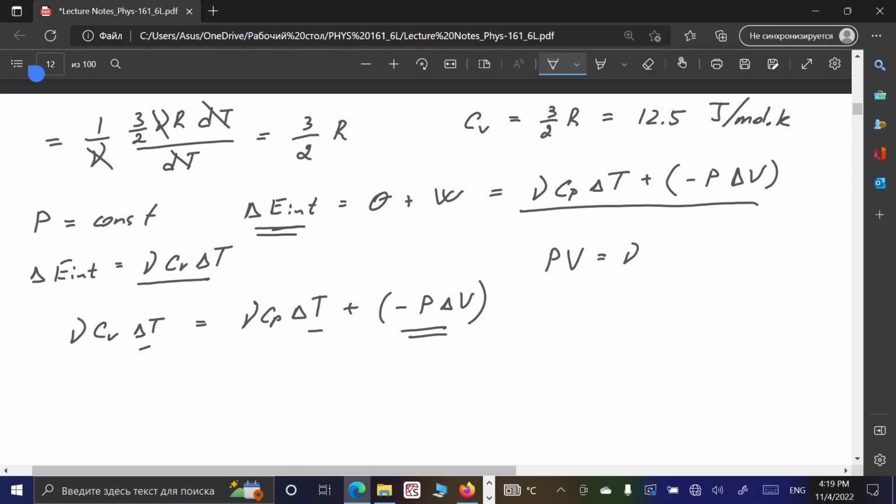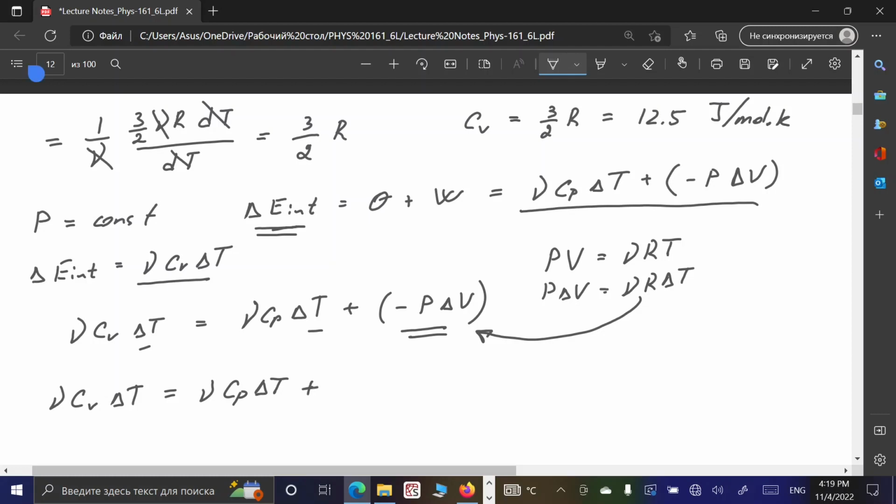PV is equal to nu times RT, and that's why we can write that P times delta V should be equal to nu times R delta T. So now we can substitute it here, and we get nu times Cv times delta T equal to nu times Cp times delta T plus, well, actually, we can already open this parenthesis, get minus nu times R times delta T.